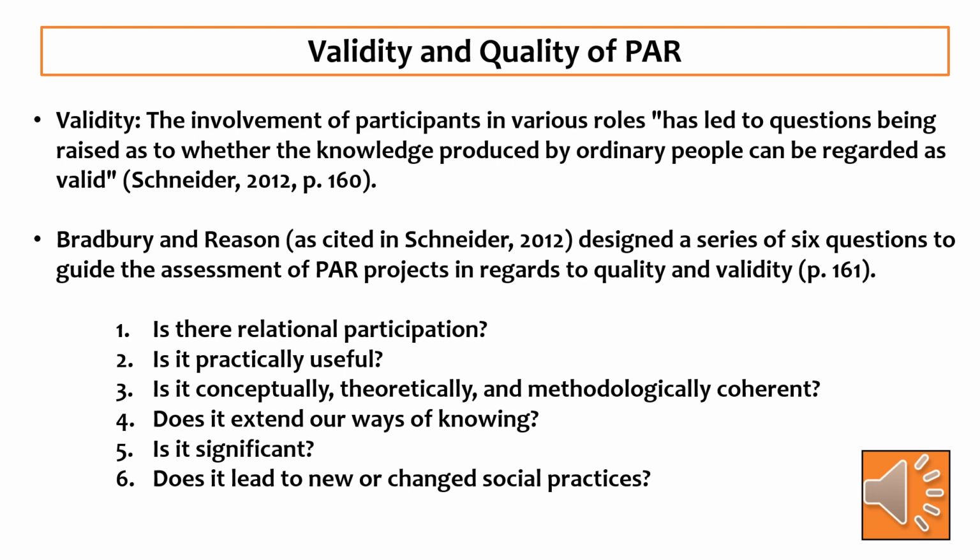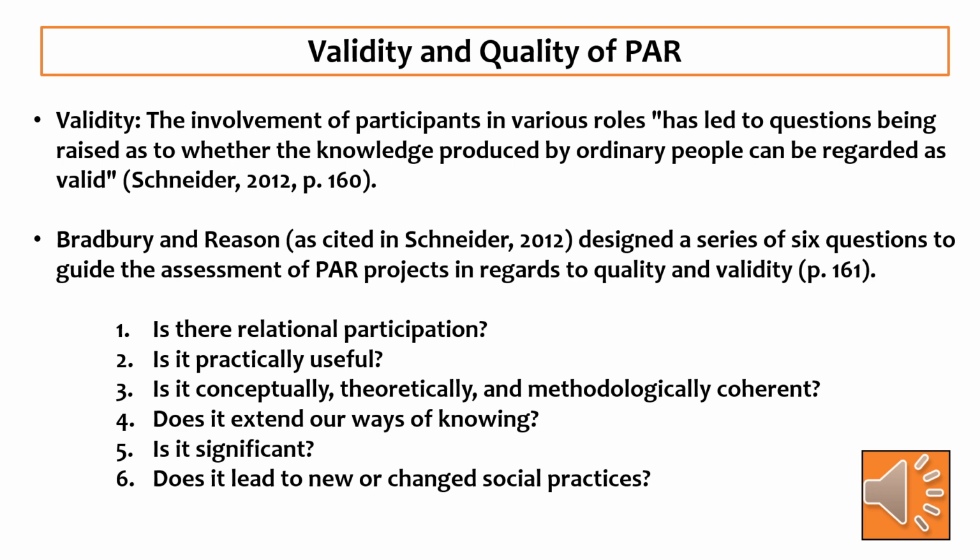In order to try and address that type of concern, Bradbury and Reason in 2001 designed a series of 6 questions to guide the assessment of participatory action research projects in quality and validity. Those can be found on page 161 of the article. And those are: is there relational participation? Is it practically useful?